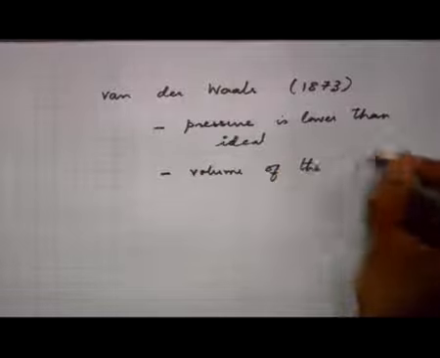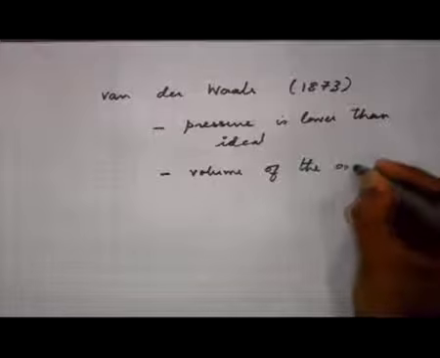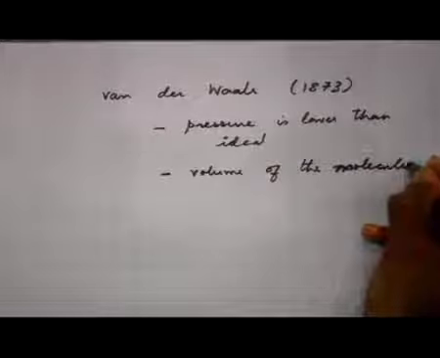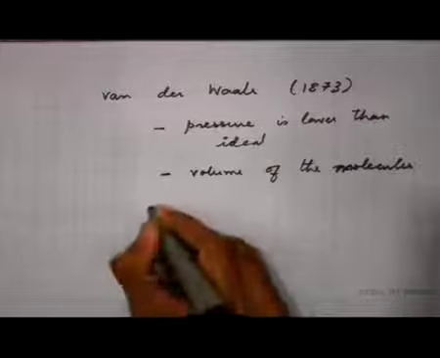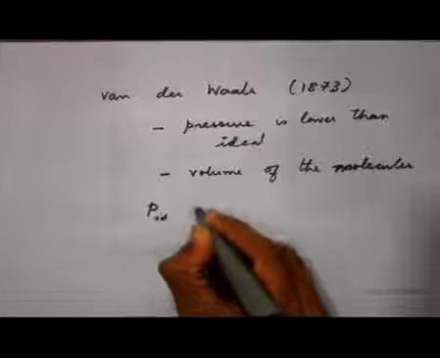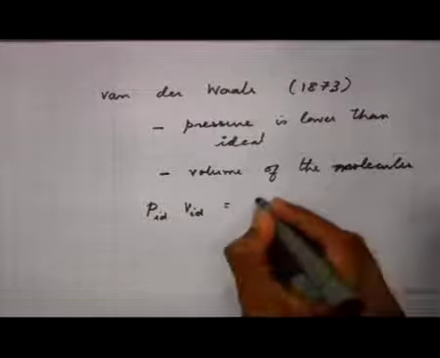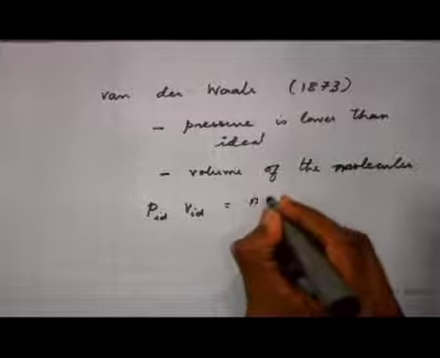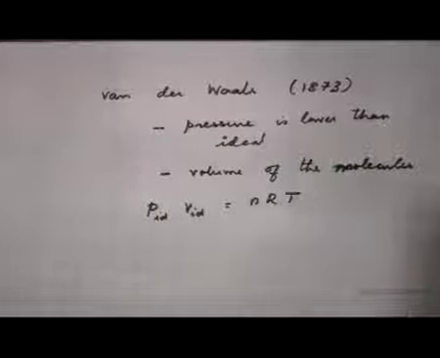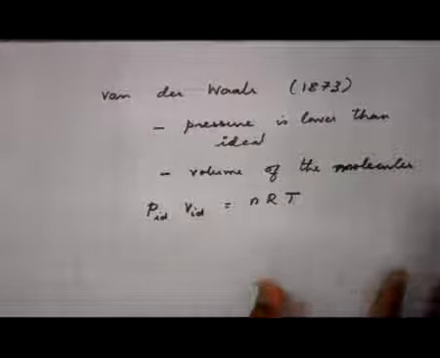These are the two things that we have to account for. And the equation of state that we had is P ideal V ideal is equal to nRT.